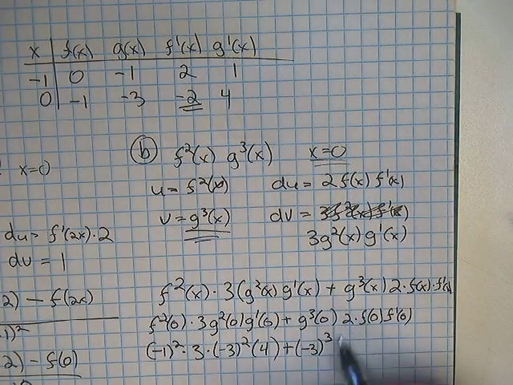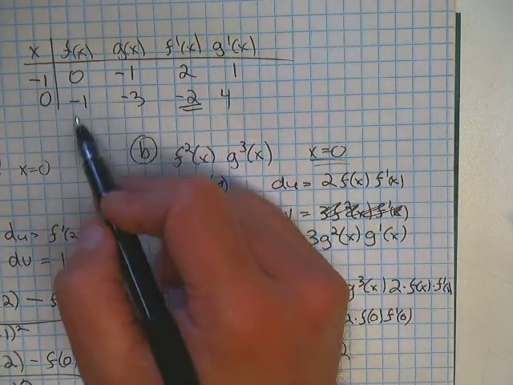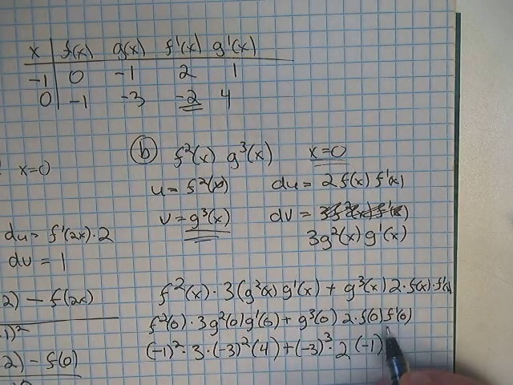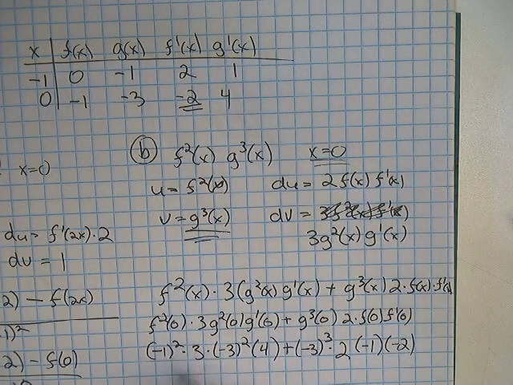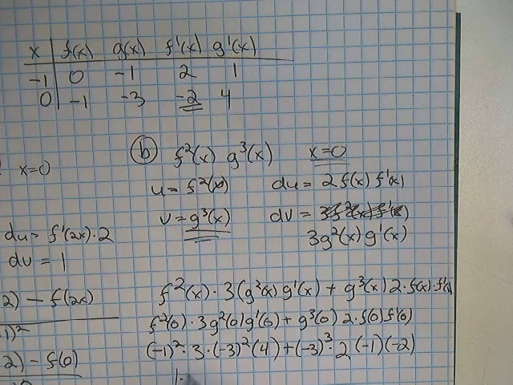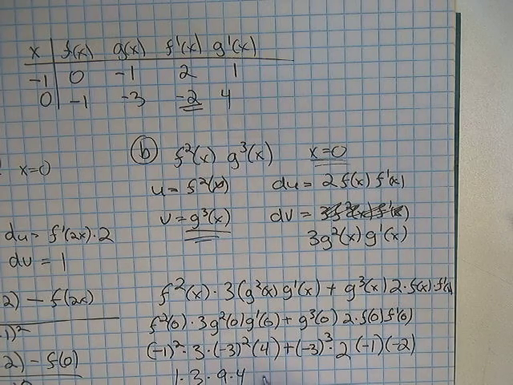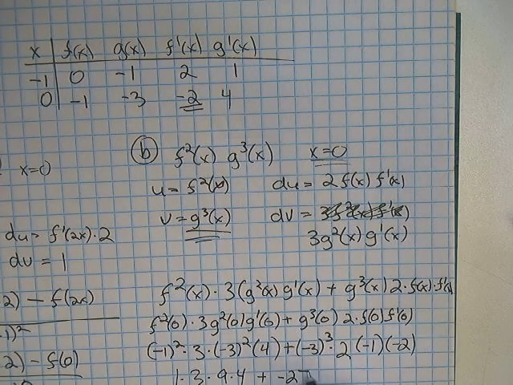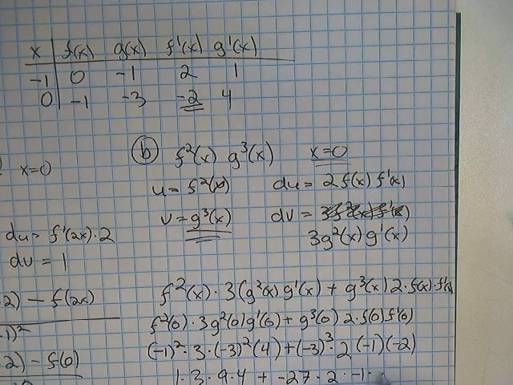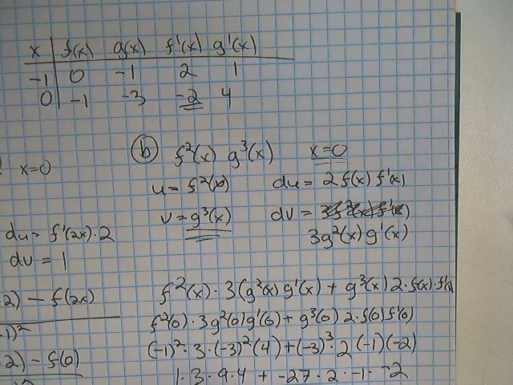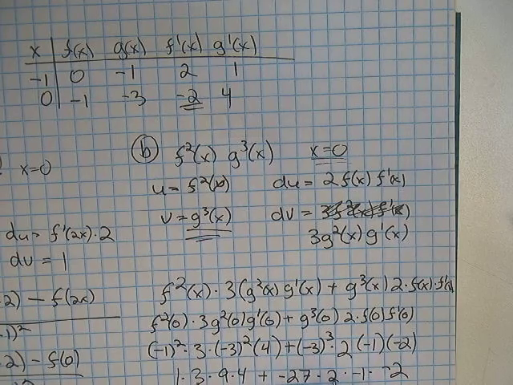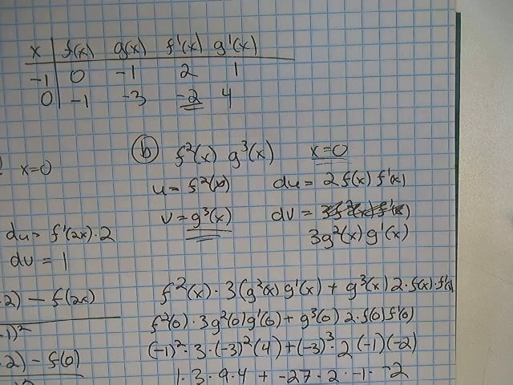G prime of 0 is 4, plus g of 0 cubed is negative 3 cubed, times 2 times f of 0, which is negative 1, times f prime of 0, which is negative 2. So we got 1 times 3 times 9 times 4 plus negative 27 times 2 times negative 1 times negative 2.